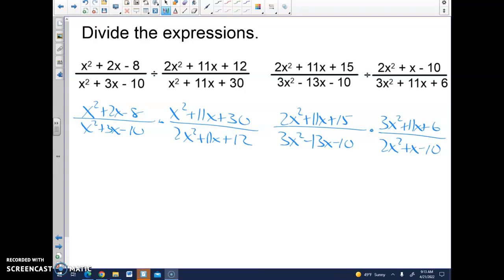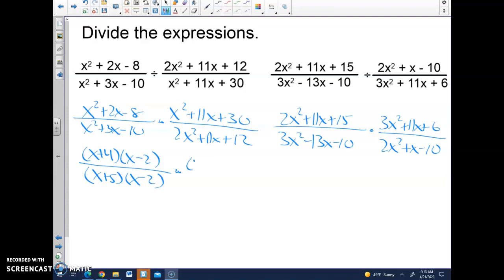Okay. Now I'm going to start with my factoring. X plus 4, x minus 2. X plus 5, x minus 2.